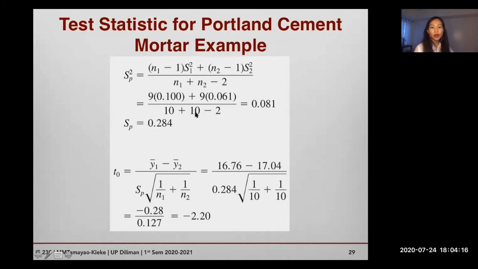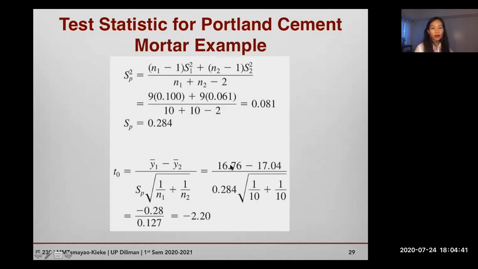This would just be equal to 18, 10 plus 10 minus 2. And this whole thing here is 0.081. So getting the square root of this will yield a sample standard deviation of 0.284.